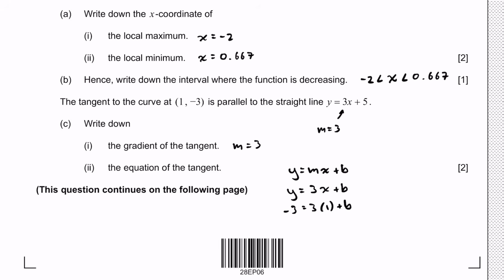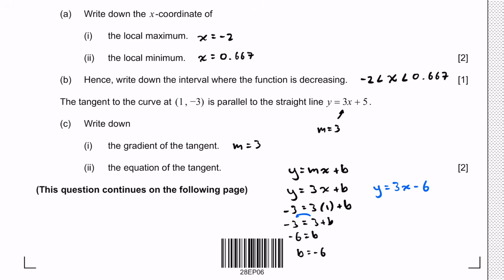In the end, we would have -3 is equal to 3 plus b. Remember, moving this to the other side, it becomes negative. This is going to be -6 is equal to b. B is equal to -6. And in the end, we'll have an answer of y is equal to 3x plus, or in this case, b is -6.